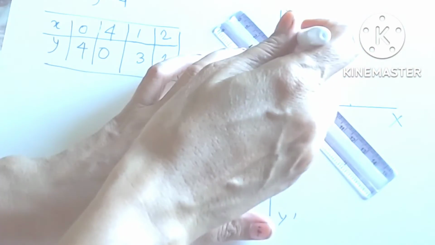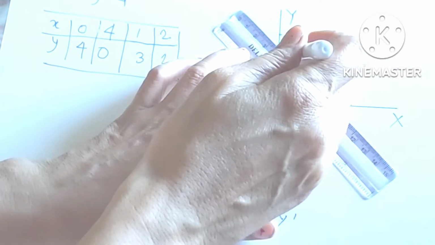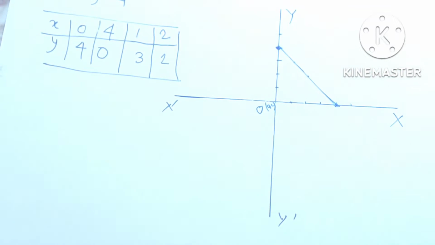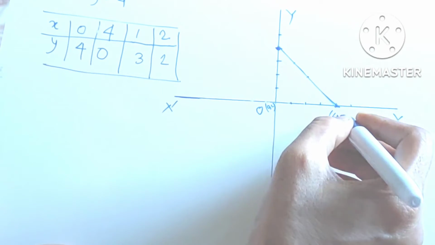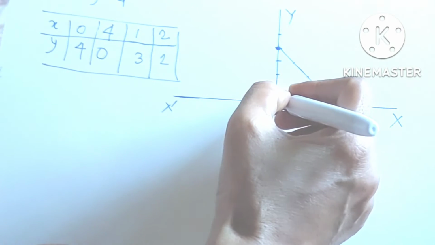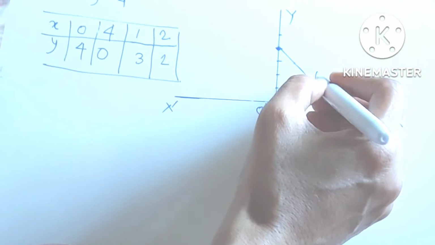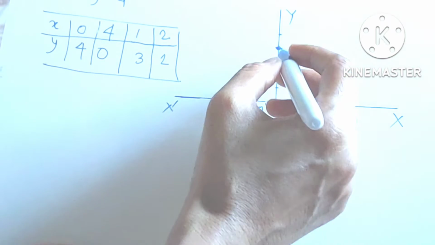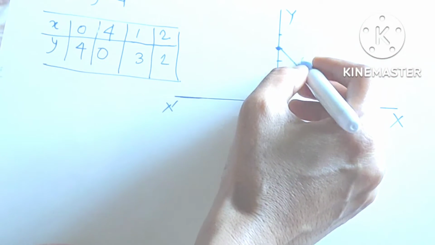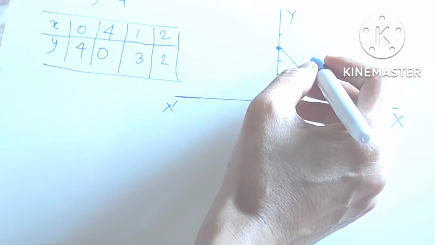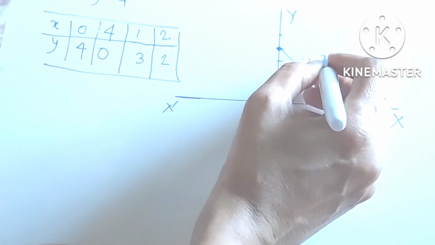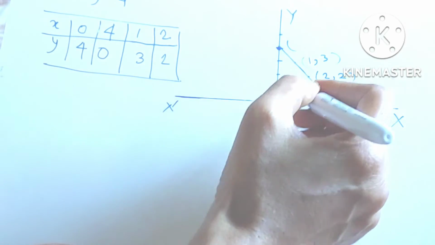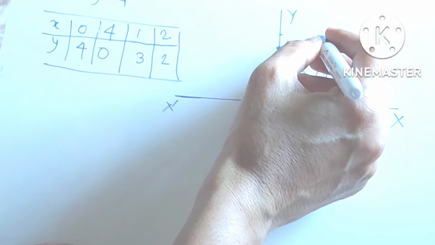So this is the line, where this is 4, 0, this is 2, 2, x 2 y 2, here x 1 y 3, and here x 0 y 4.